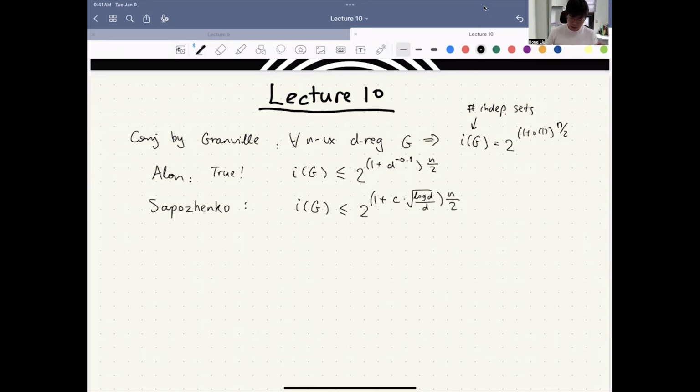Okay, so this is the exercise. Use the Kleitman-Winston graph container theorem to prove this bound.